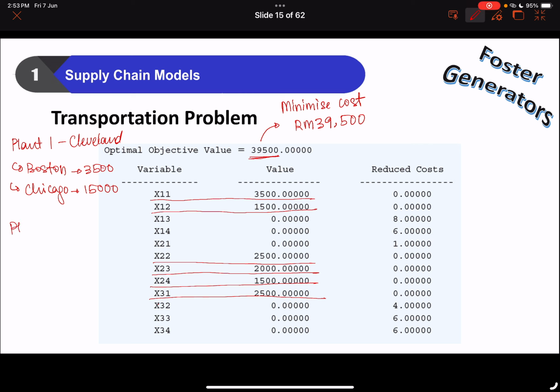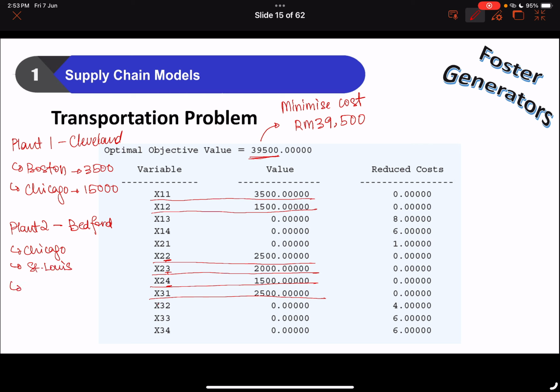Plant 2, which is Bedford. As we can see, Bedford sends to 2, 3, and 4. What is 2? 2 is Chicago. 3 is St. Louis.